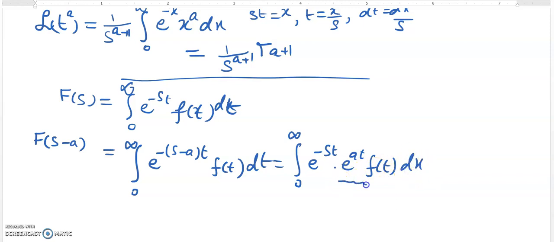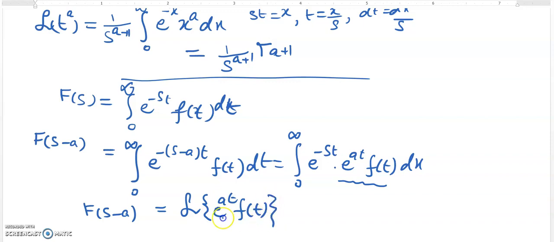If we take e power at f of t as one function, and that function is being multiplied by e power minus st, then we can say that this is f of s minus a. This expression is a Laplace transform of e power at times f of t.